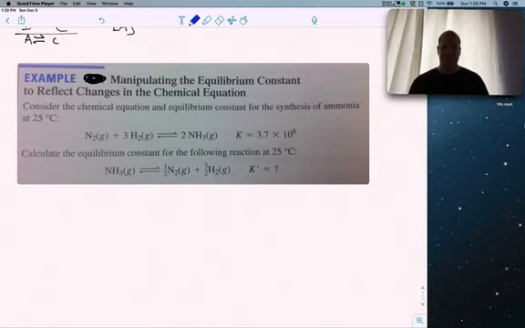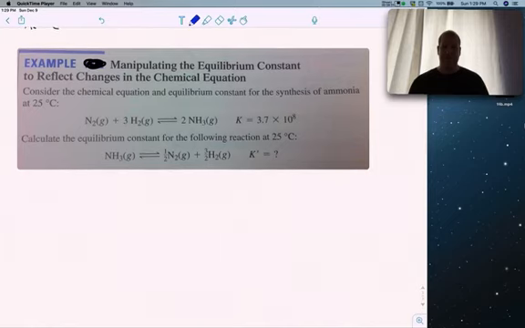I'm looking at nitrogen ammonia synthesis, and I want to figure out what the constant is with respect to ammonia. So when we look at this, what are we doing? We've inverted the chemical reaction, and we've also multiplied by 1/2.